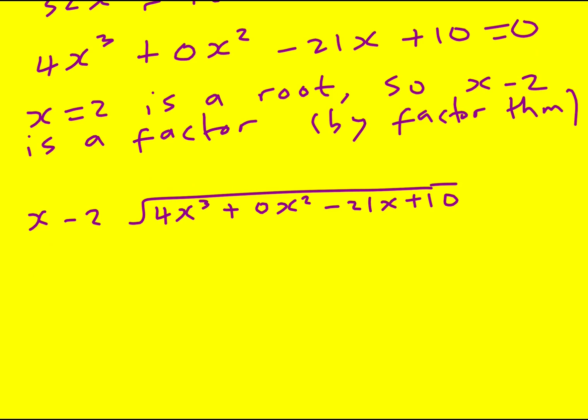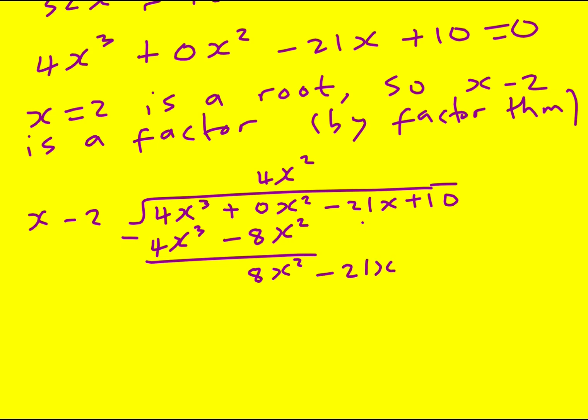So x into 4x cubed is going to go 4x squared, multiply back through. Subtract. Bring down the x, same again, plus 8x.